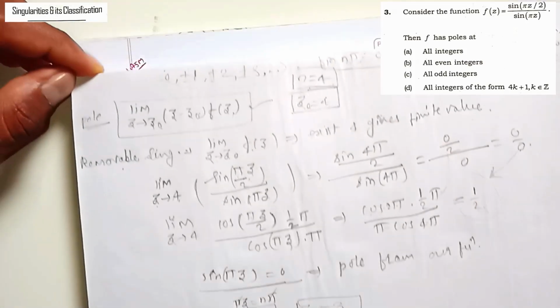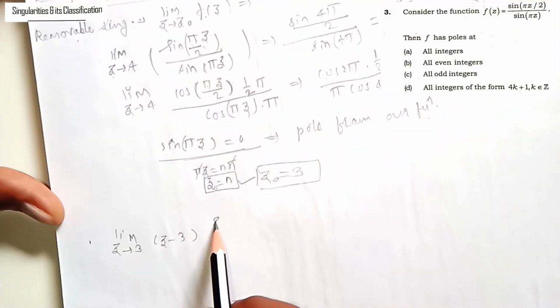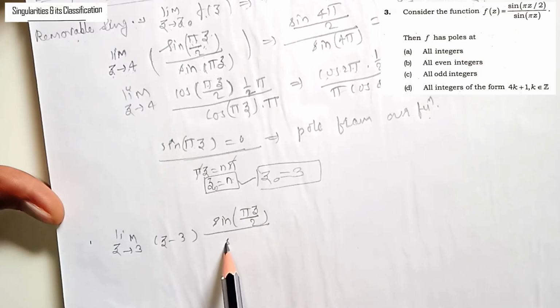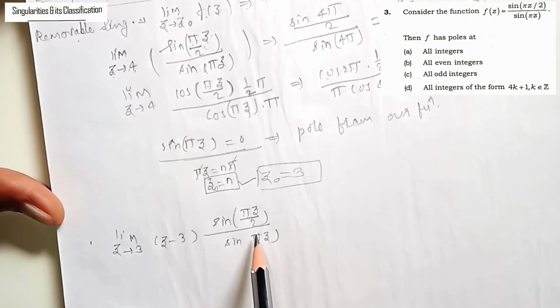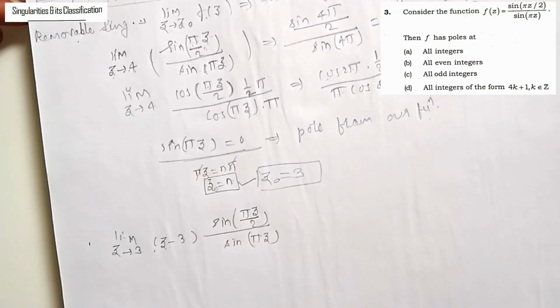So what is the value of f of z? It is sine pi z by 2 upon sine pi z. So limit z tends to z naught of z minus z naught times sine pi z by 2 upon sine pi z.